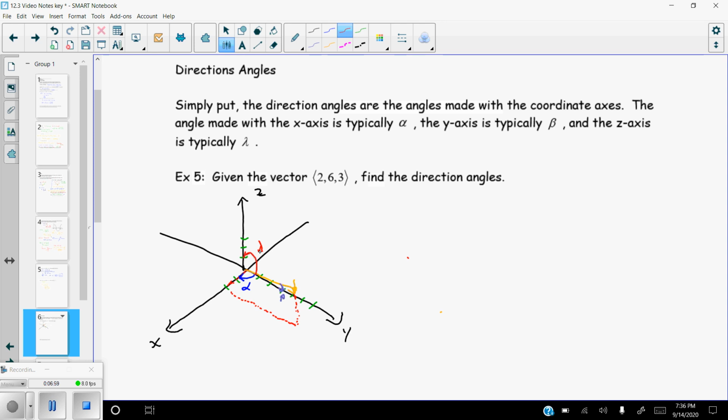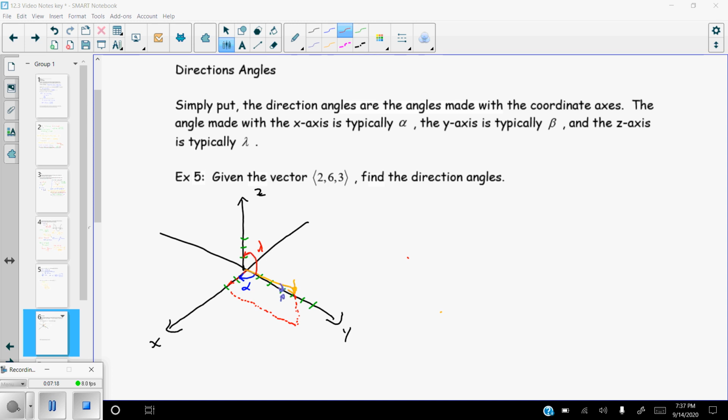All right, so what we need to do is figure out what the direction angles are. If you're going to make a direction angle with the x-axis, you want to find the angle in between the vector that we're given and a vector which represents the x-axis.